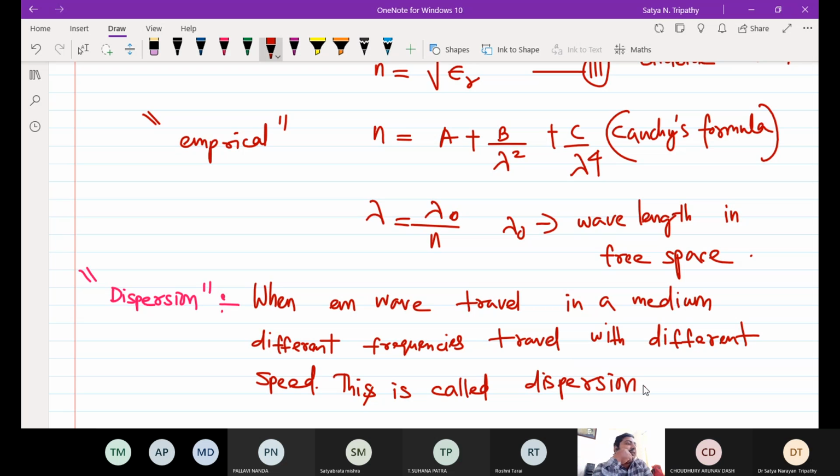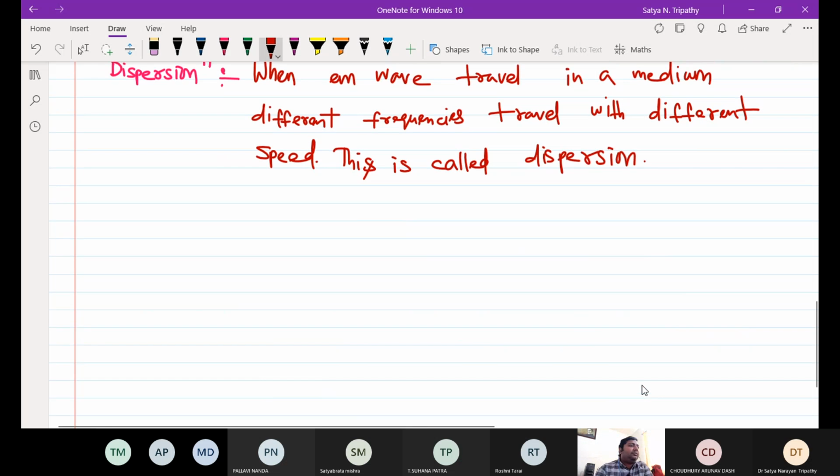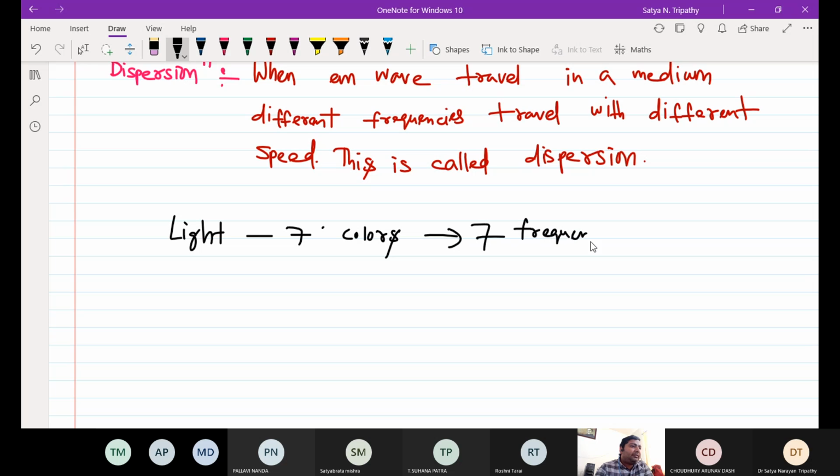Yes, sir. So the properties when electromagnetic waves travel: suppose you take the example of light. So this is light, and we have 7 colors. That means 7 frequencies, that means 7 different speeds.